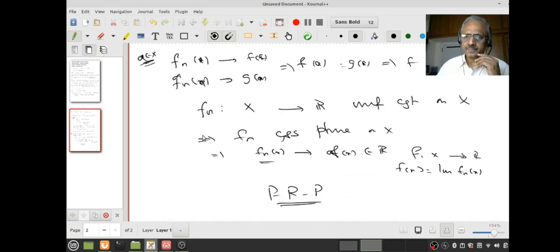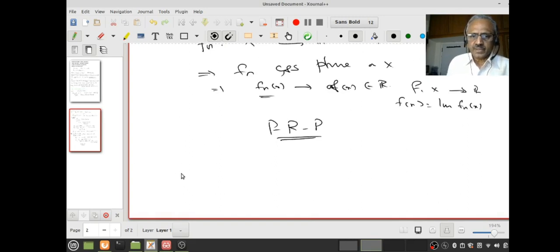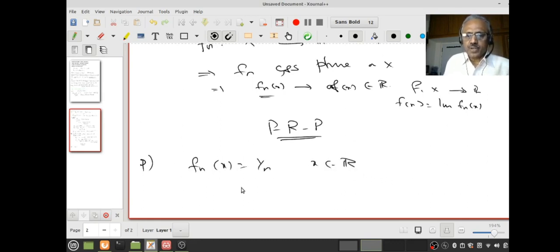Now let's go back to our example 1. So our fn of x was 1 by n for every x in R. Now I want to say fn converges to some f uniformly on R. So just now I said, what do I do?